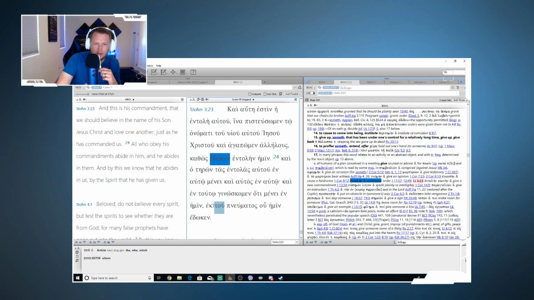This is dative, this is genitive, this is genitive singular. By this, we know he remains in us.